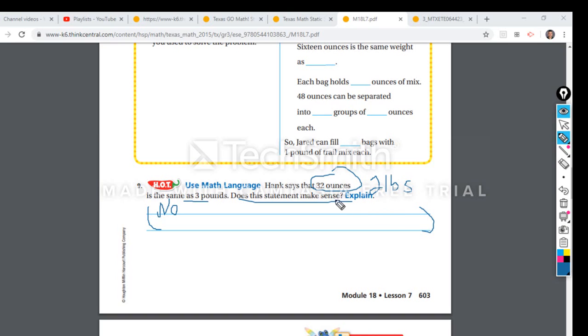Now, how do I know that? Because 1 pound is 16 ounces, and another pound is 16 ounces, and when I add those two, I get 32. Okay? And we already know from this question that 3 groups equals 48 ounces. We already know that from here. So no, Hank is not correct.